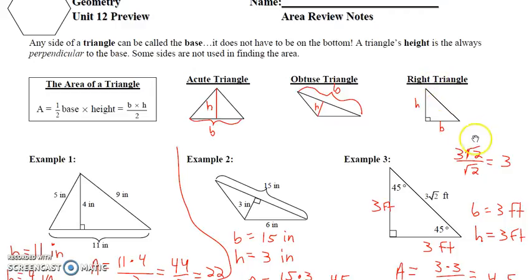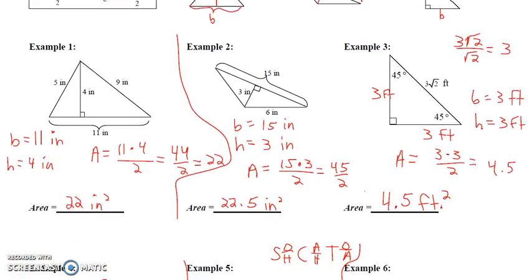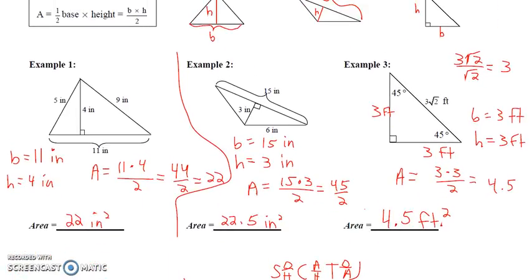And then, of course, in a right triangle, suppose I want to use this bottom side as my base. Well, in this case, the perpendicular drawn to the base is actually one of the sides of the triangle, so that can happen as well. Sometimes your height is one of the sides of the triangle, and sometimes it isn't. So here's a few examples. If you need to pause it and you want to write everything down first before you hear the explanation, that's fine. Okay? So look at example 1.